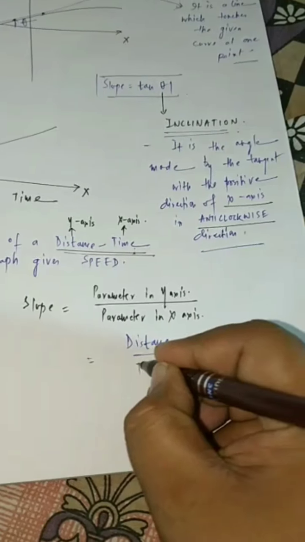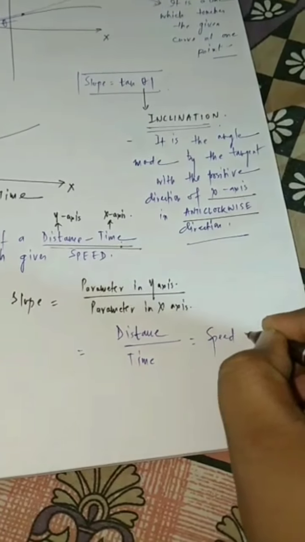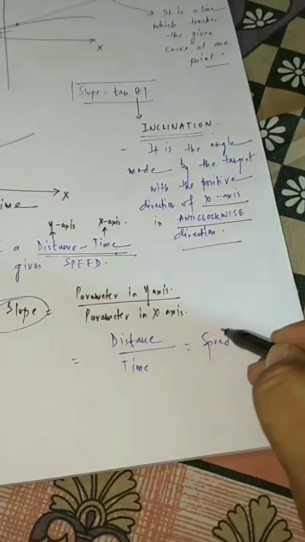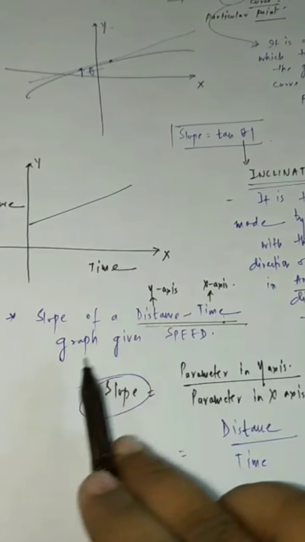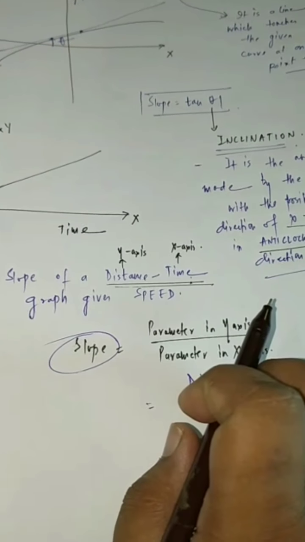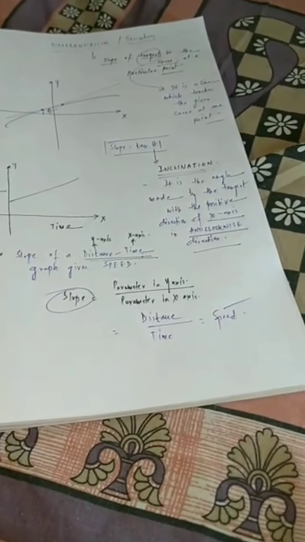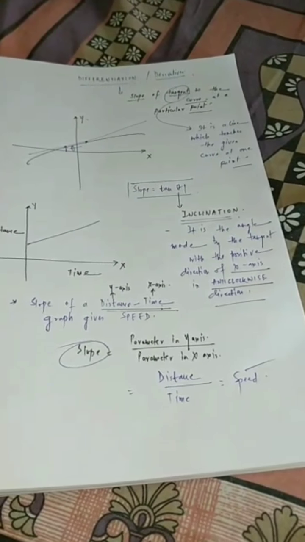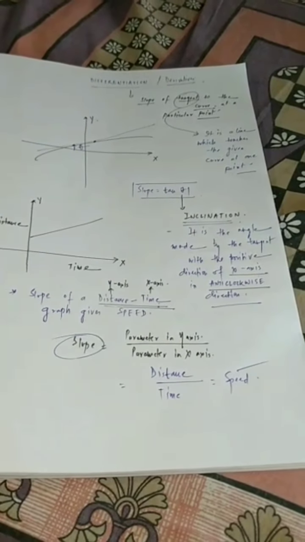It is time. Distance by time, we know the formula, it is speed. So I can say slope is equal to speed. That is what we have written here. Slope of a distance time graph gives us speed. We read this in the junior class, but we never tried to find the meaning of the slope. The slope which we are talking about is actually this only. Slope is the parameter in the y-axis upon the parameter in the x-axis.